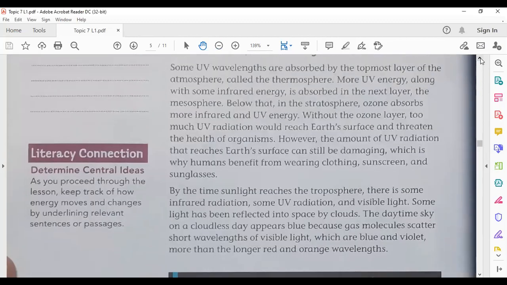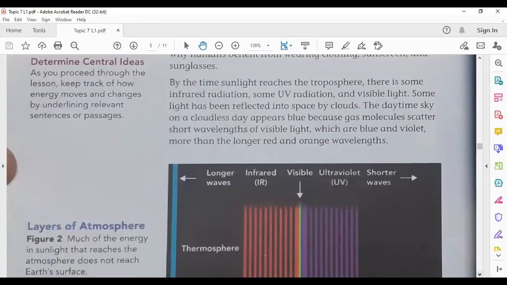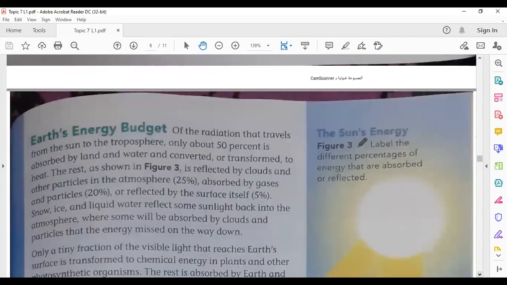Look here. In the stratosphere, ozone absorbs more infrared and ultraviolet energy. So it is in the stratosphere. Today, inshallah, we are going to talk about Earth's energy budget.